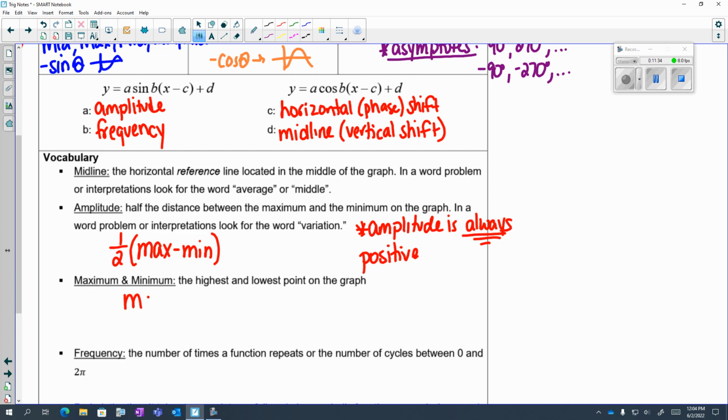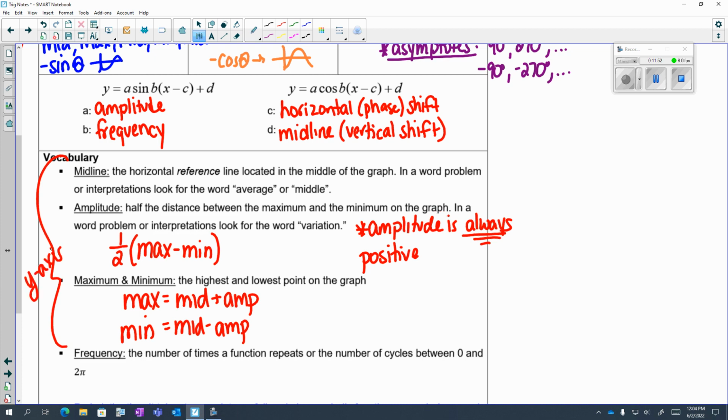In order to find them, you take your midline and you add the amplitude, or to find your minimum, you take the midline and subtract the amplitude. All of these on a graph deal with the y-axis.